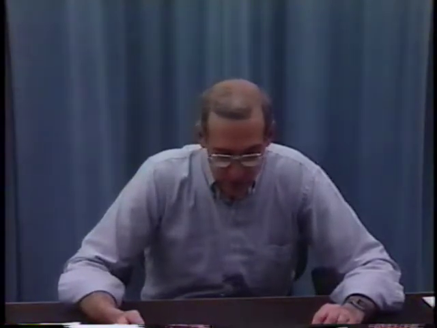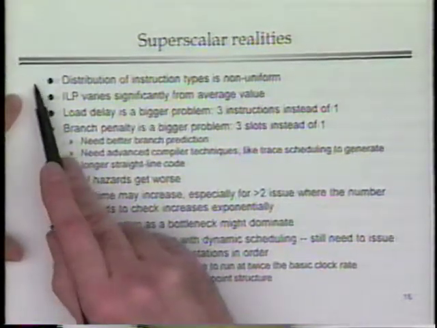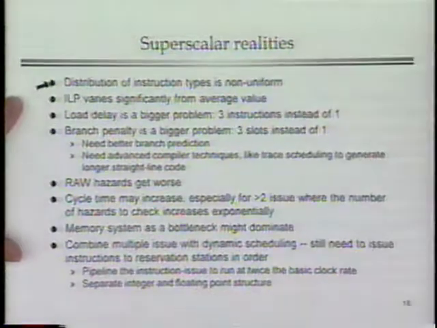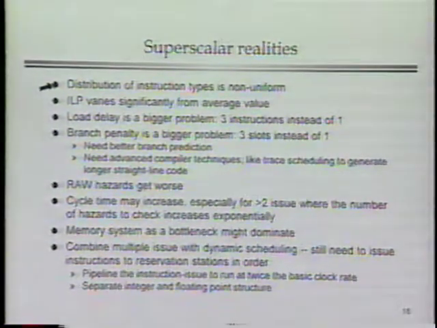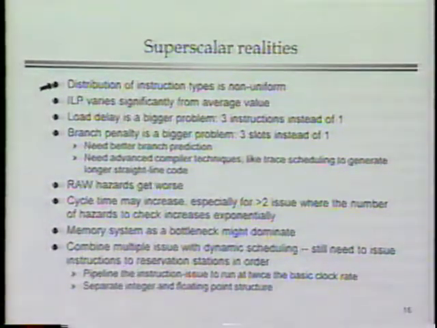So what are the realities of superscalar machines, since we can't achieve that ideal? Well, one of the problems is that as we reduce the number of functional units, the restrictions on the issue begin to become a significant factor. And in fact, the distribution of instruction types is very non-uniform. It depends a lot on the program.